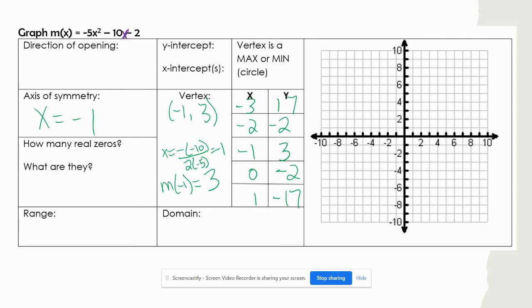If I graph this, -1, 3 is up here. -2, -2. 0, -2. And -17 is way down here.